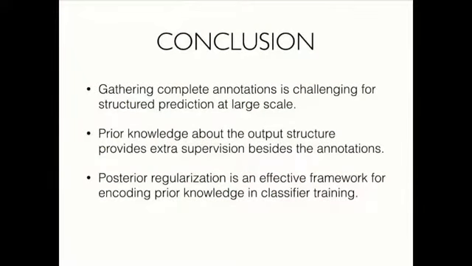So in conclusion, I present here that for complex structure prediction problems, gathering complete annotation would be an obstacle for designing machine learning algorithms. And our prior knowledge about the desired output is very effective in providing extra supervision for pruning the learning space. Posterior regularization is an effective way to achieve this goal.